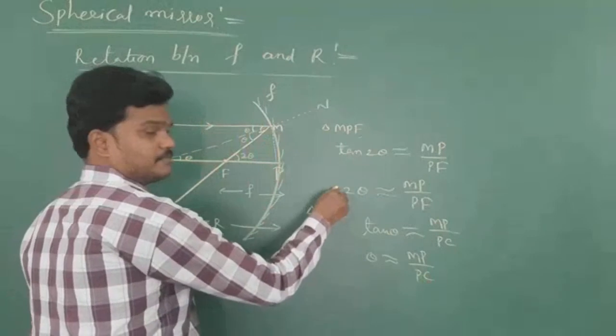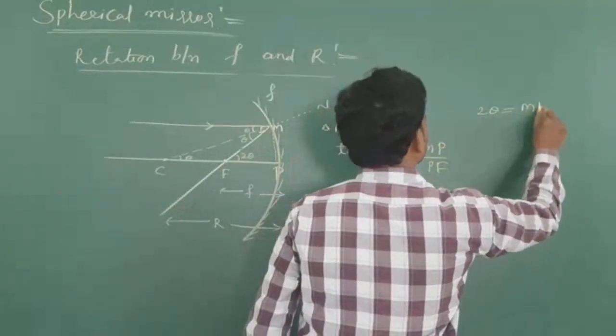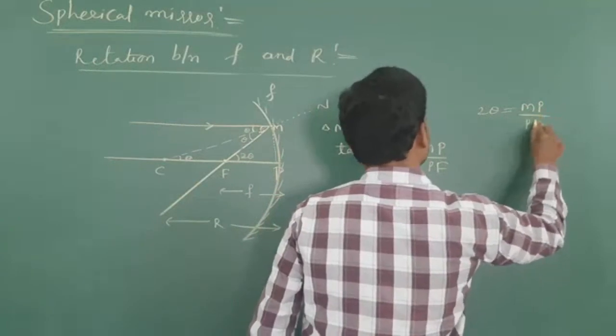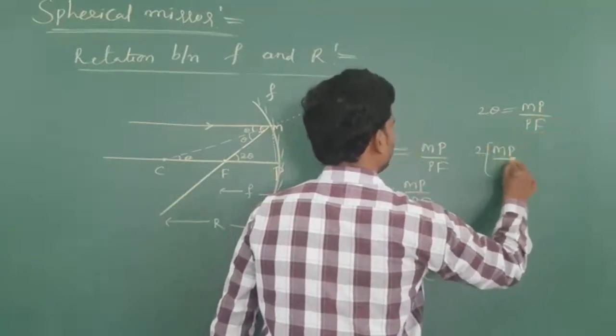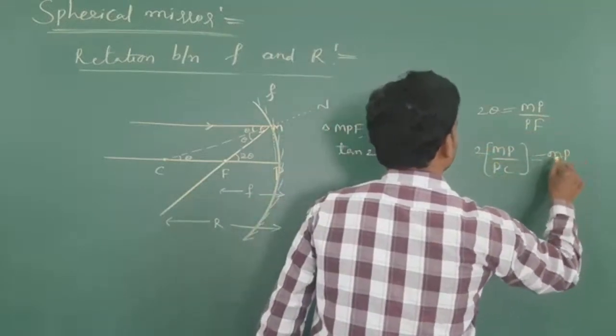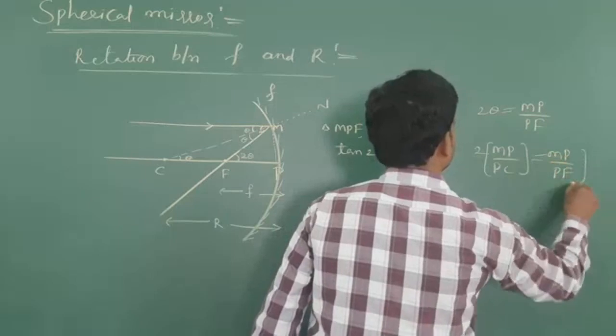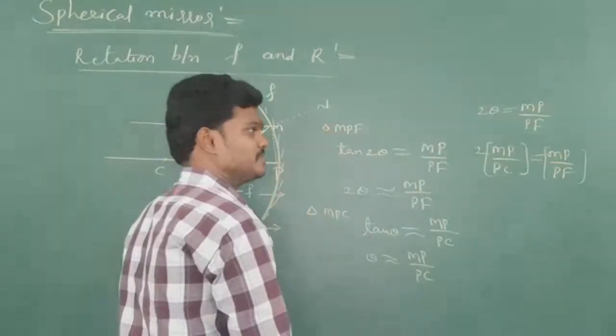Substitute the theta value here. Anyhow we know 2 theta is equal to MP by PF, and theta is MP by PC. See, I am using so many steps for understanding point of view only. My target is to cover the NCERT derivation also. That's why I am extending each and every step.